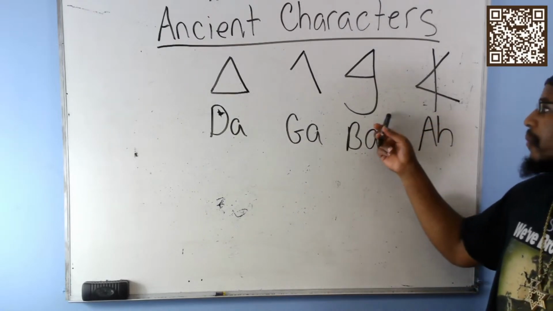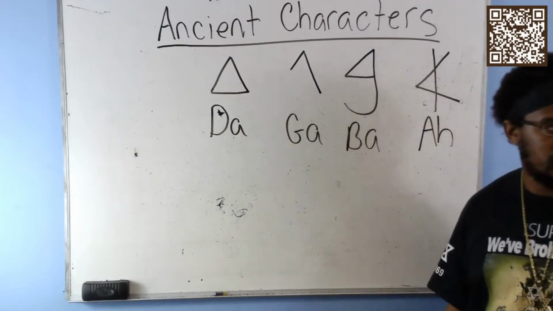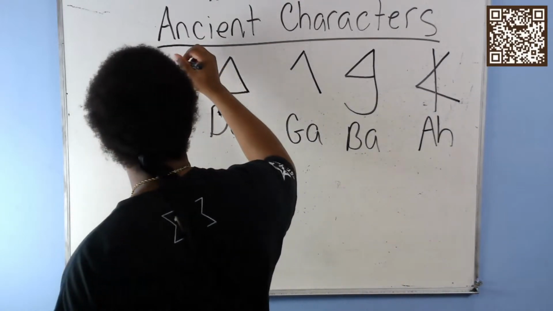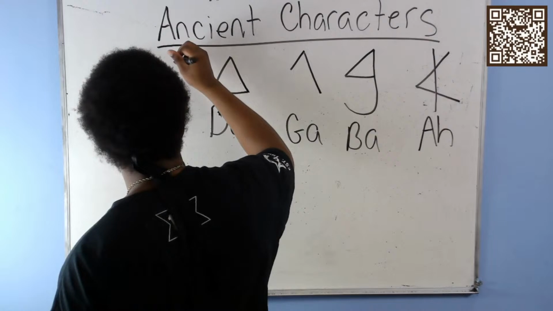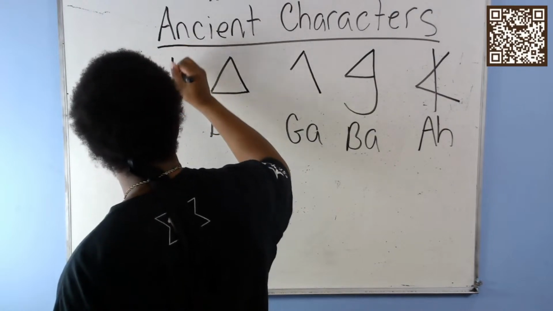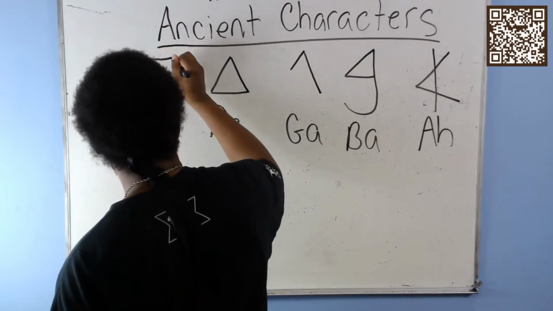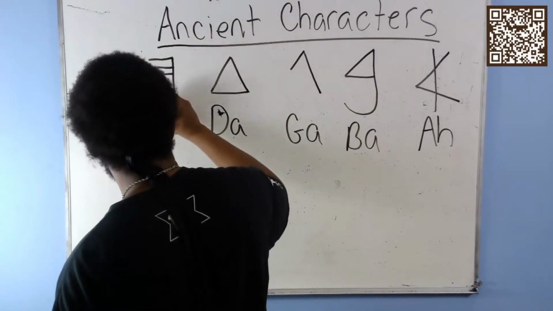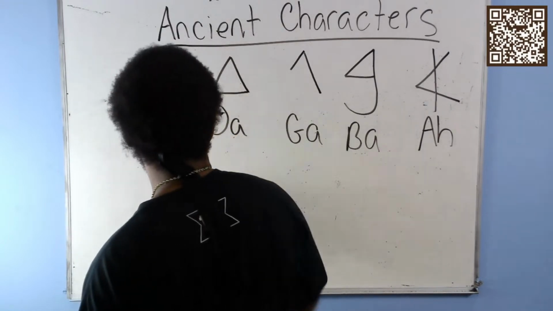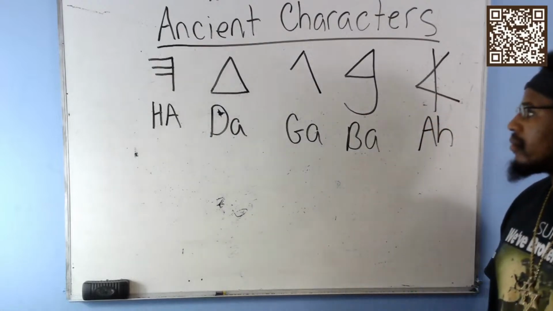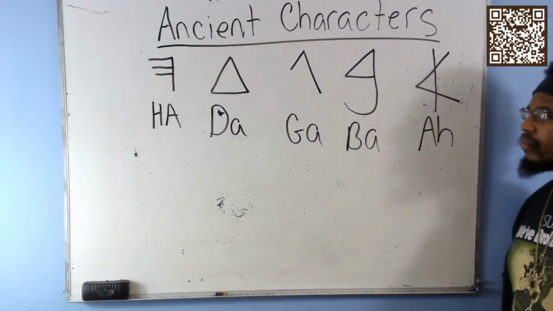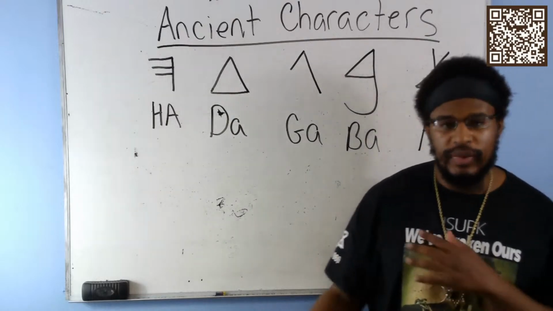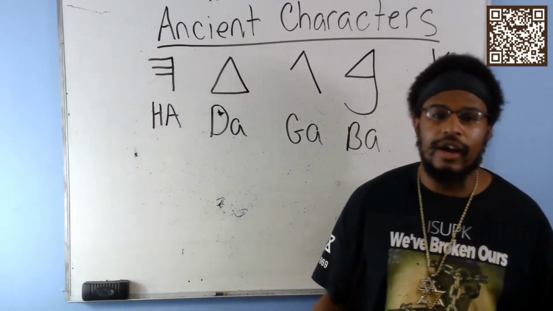So A, Ba, Ga, Da. After that, we got Ha. Also, the tradition of the school is that when we participate in the Hebrew class, we say our alphabet.